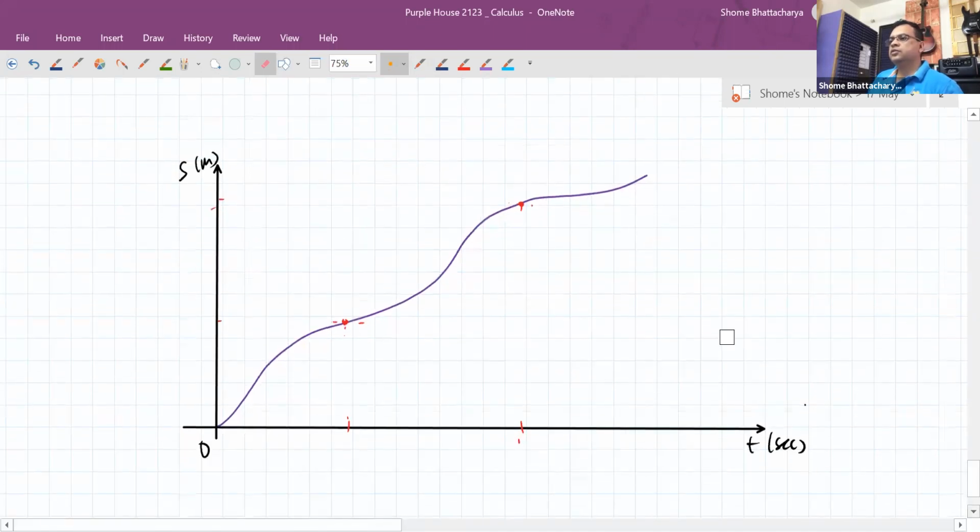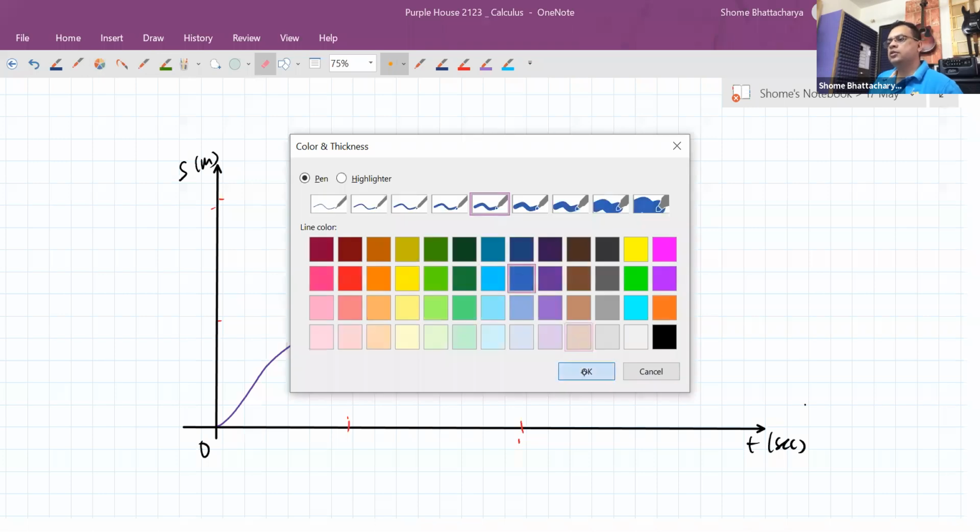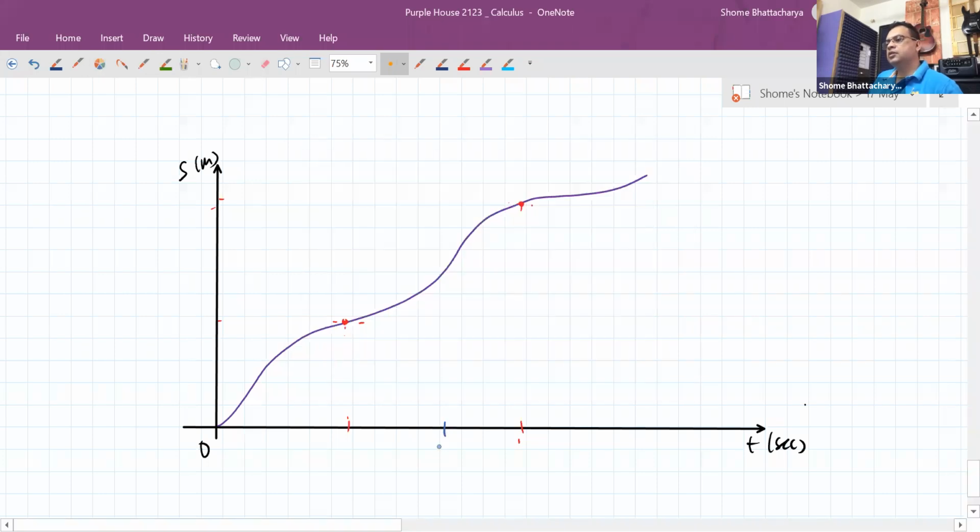So in the same graph now, suppose I want to find out instantaneous speed at a particular point of time. So let's say at this time, t equal to t naught, I want to find instantaneous speed v at the instant t equal to t naught.